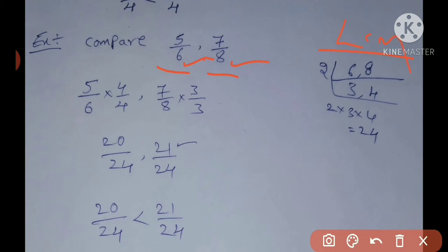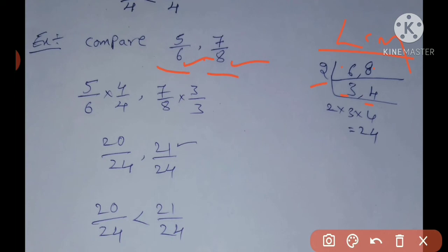See that: 6, comma, 8. The first prime number is 2. Divide by 2. 2 threes are 6, 2 fours are 8. So 3 and 4 will not come in any one table. That's why leave it at that level.